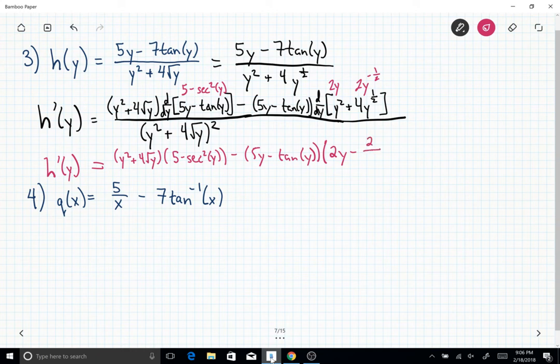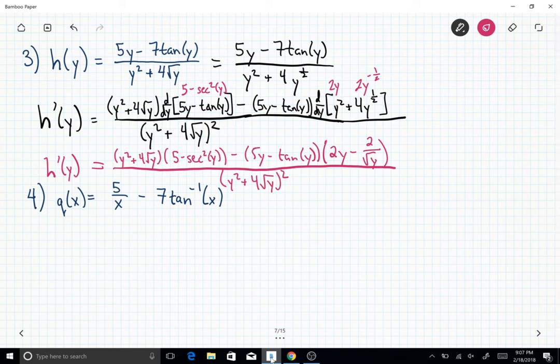Another way for us to write that is 2 over the square root of y. Okay. And where do we go from here? Well, all we need is down below, we need that y squared plus 4 square root of y, the quantity squared, and you're done.